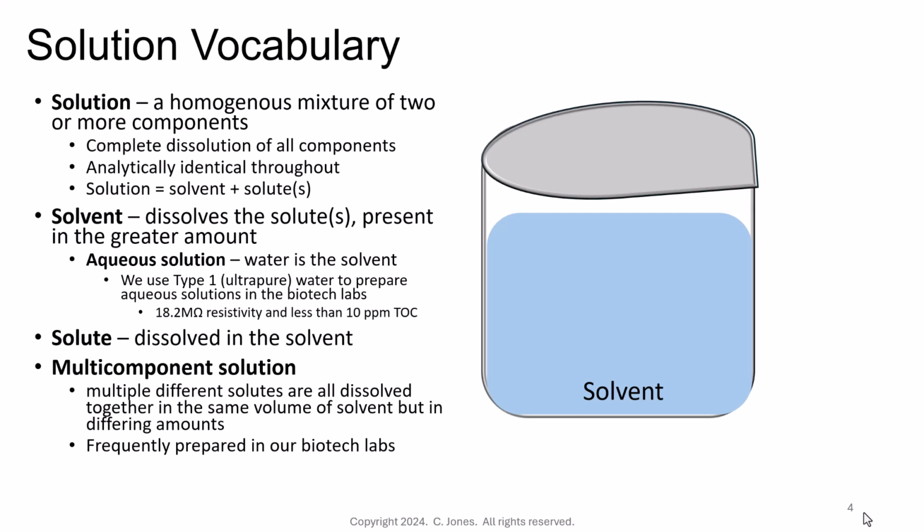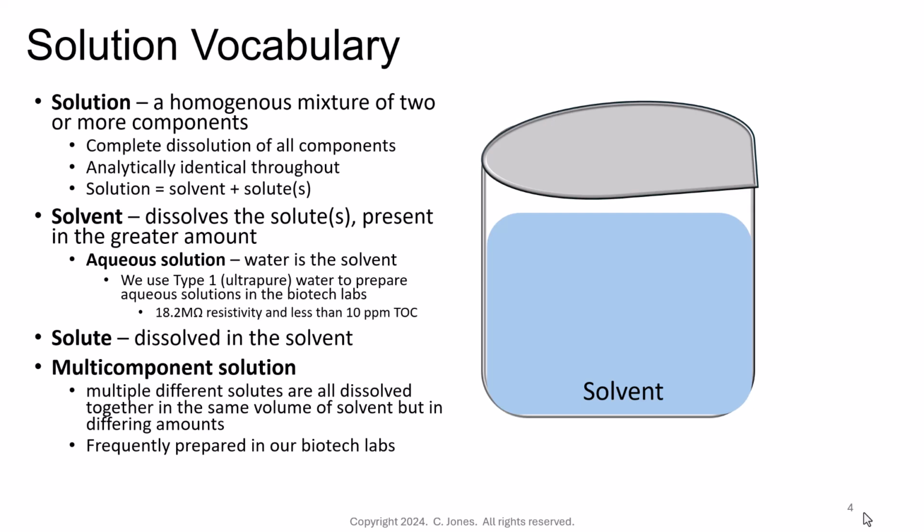Total organic carbon contaminates water. It could be dead bacteria, it could be dead plant material, it could be pollution such as gas or oil that people poured into the water system. And so any of those components could interfere with what we are trying to do in the lab.